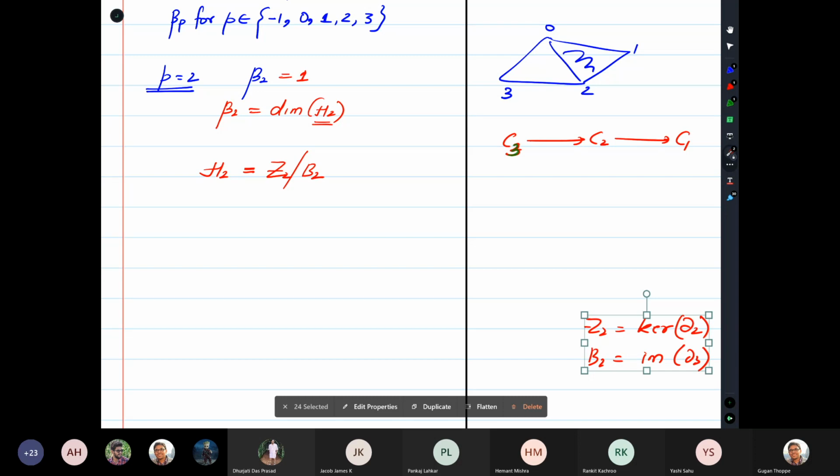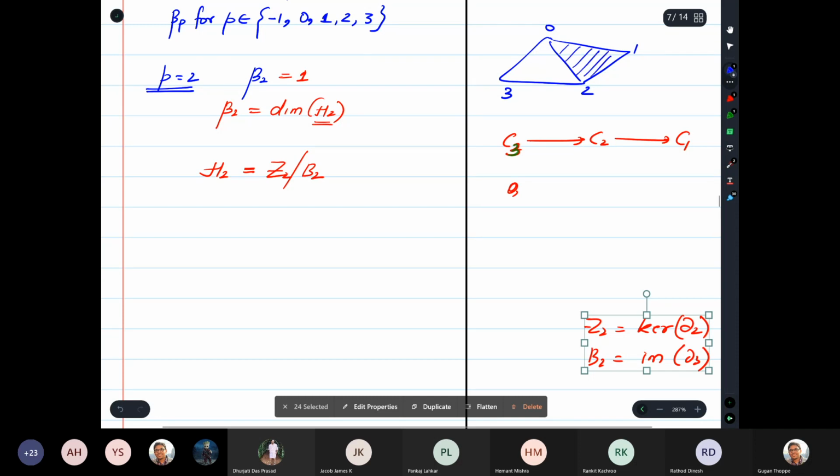So in C3, C3 should be what? It's made up of chains. How many 3-dimensional faces do you see in this simplicial complex? One 3-dimensional face, 0, 1, 2, 3.